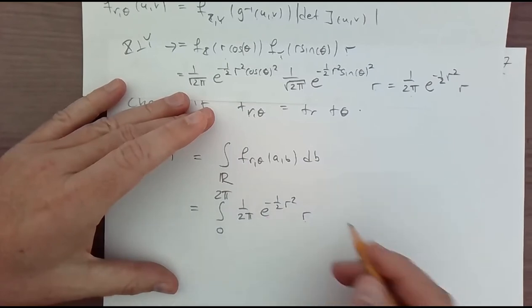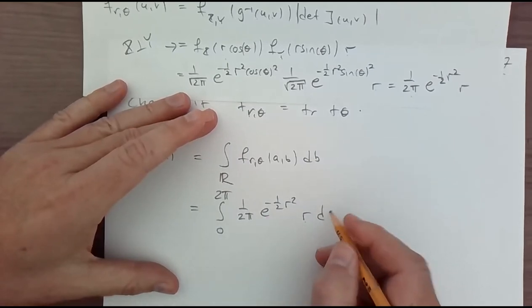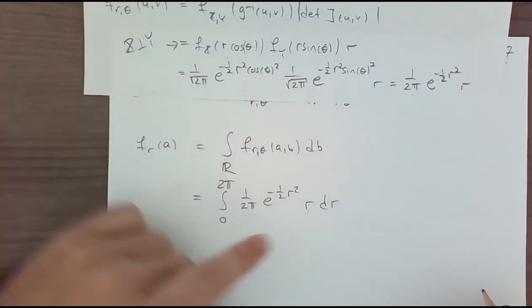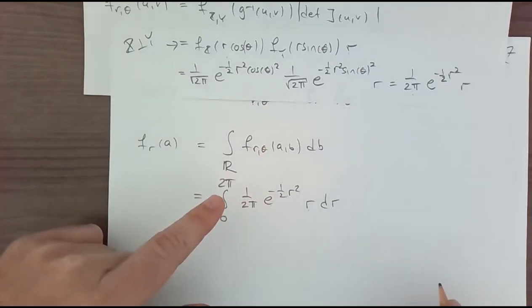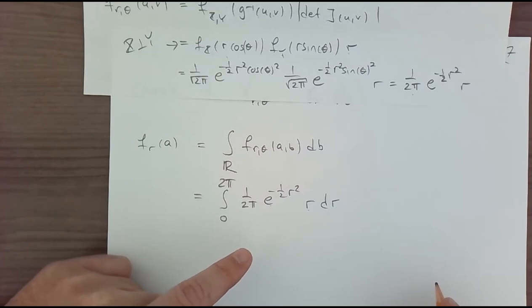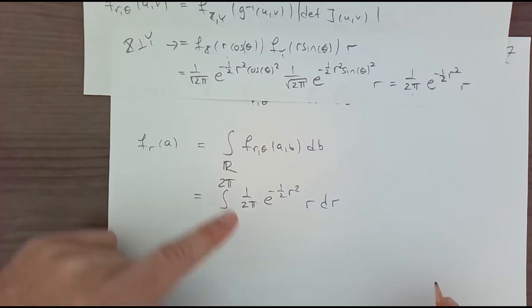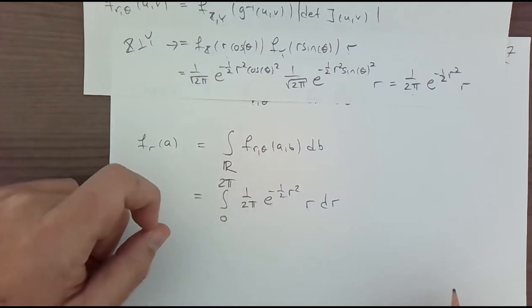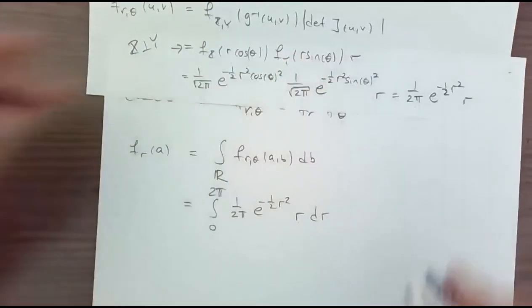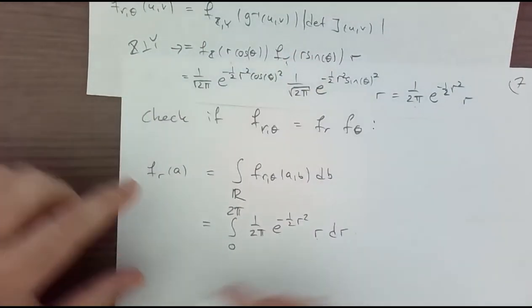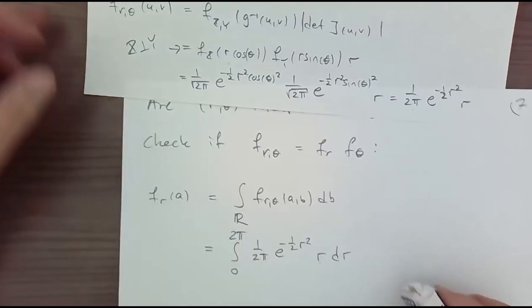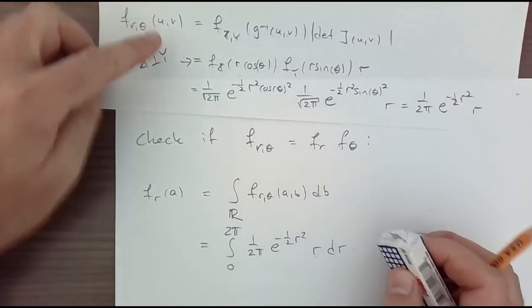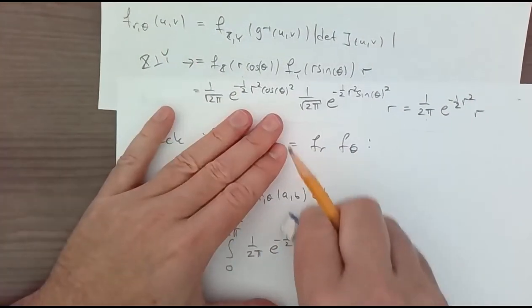And so we need to know what this interval here is. I'm messing up my a's and b's now. I should be more careful. The first variable is a.